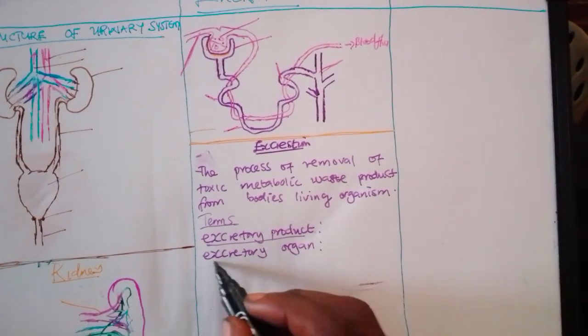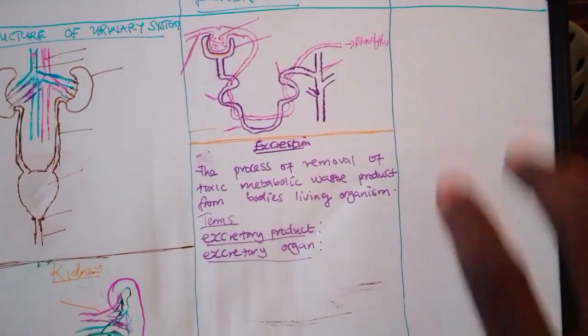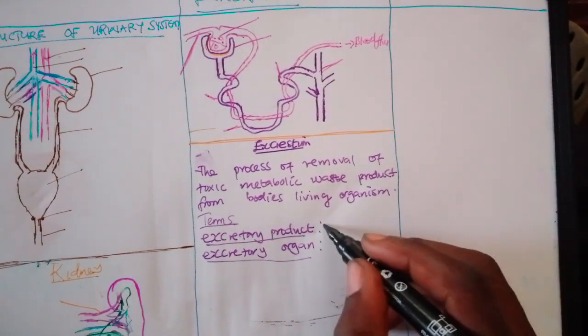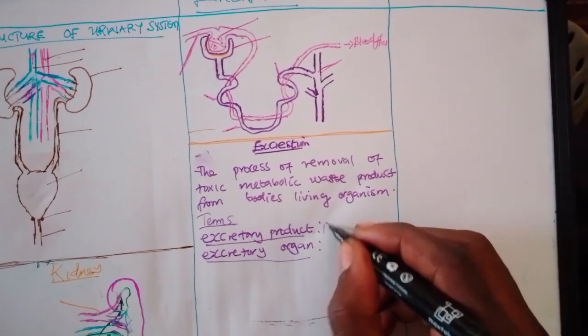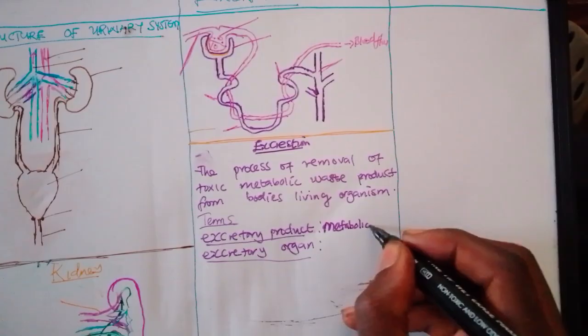These are the terms which you are supposed to use when you're writing your essay. So what does excretory product mean? Whenever we are talking about excretory product, we are talking about the metabolic waste, those things the body is removing. They are known as the excretory products. So these are just the metabolic waste.